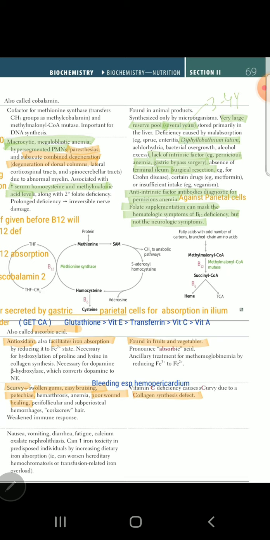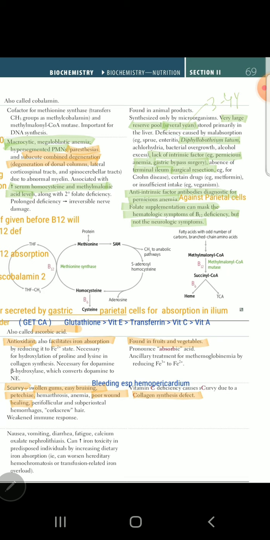And it was asked about Diphyllobothrium latum, the fish tapeworm present in fishermen, an intestinal parasite that causes a deficiency of B12.